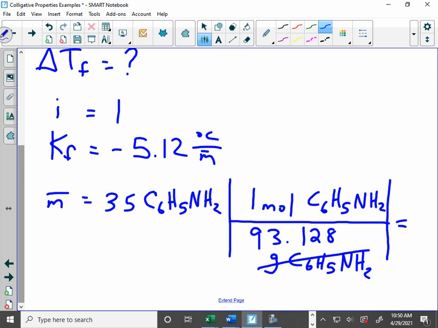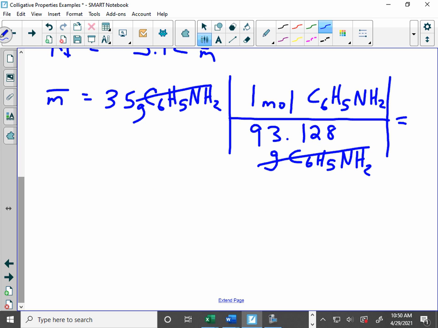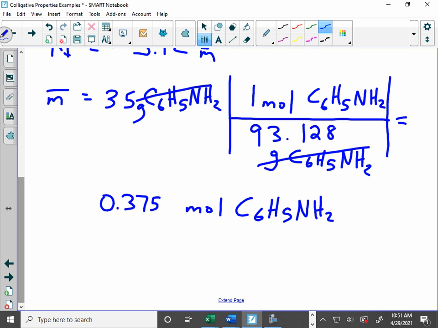So my grams will cancel, leaving me with moles of C6H5NH2. When I do my math, 35 divided by 93.128, I get a value of 0.378.